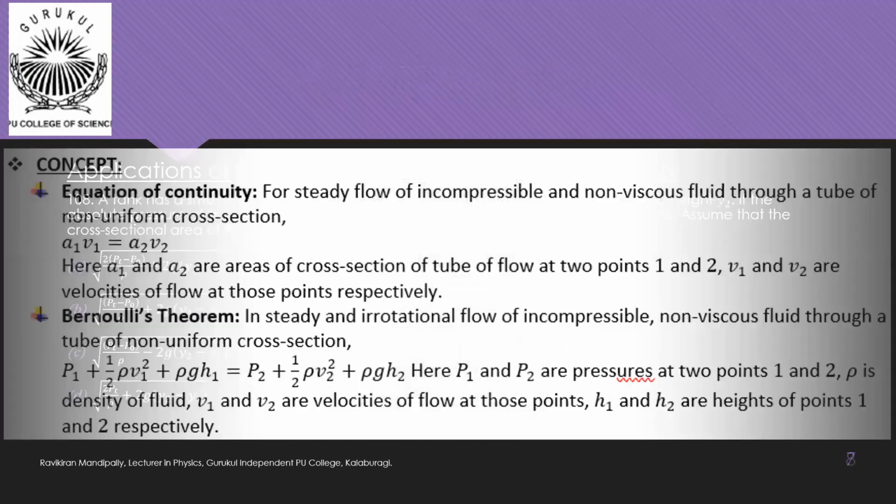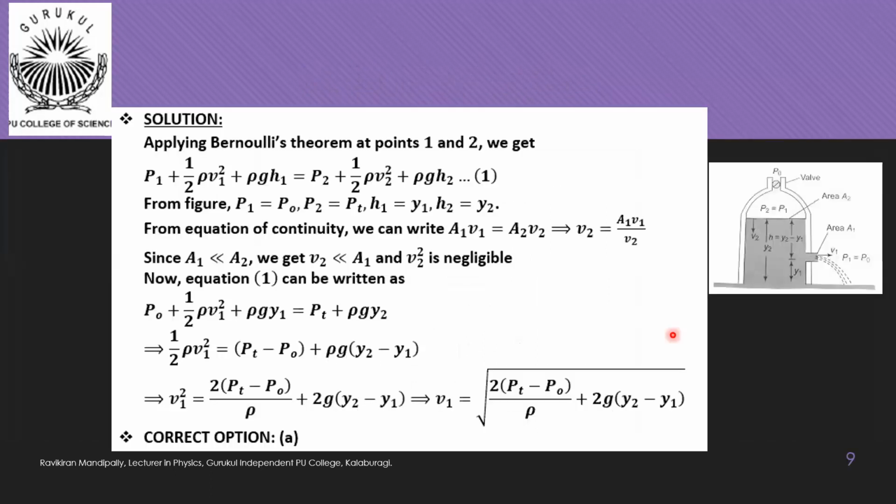In this case, we are going to use the ideas of the equation of continuity and Bernoulli's theorem. First of all, we take point 1 at the hole and point 2 at the free surface of the liquid, and apply Bernoulli's principle for those 2 points. Then we get P1 plus half rho V1 square plus rho g h1 is equal to P2 plus half rho V2 square plus rho g h2.